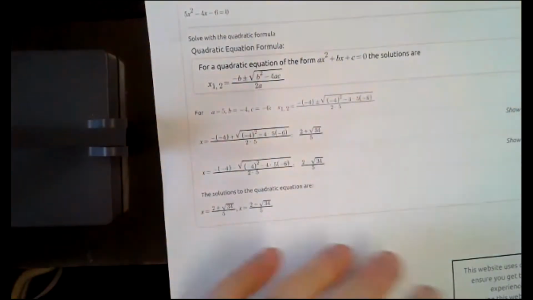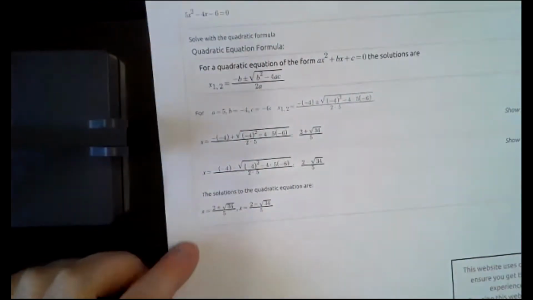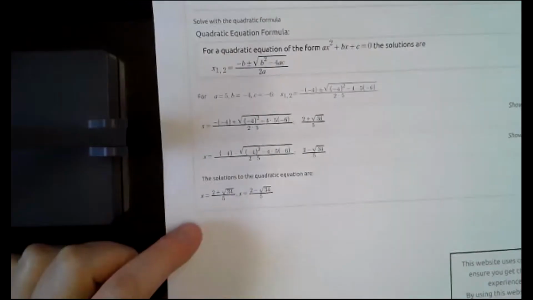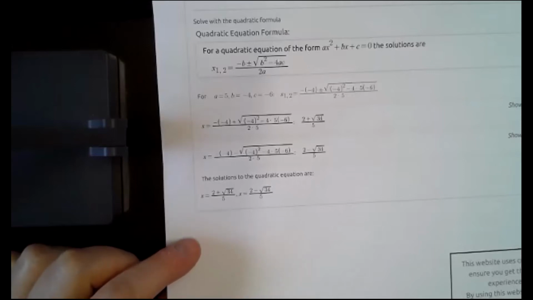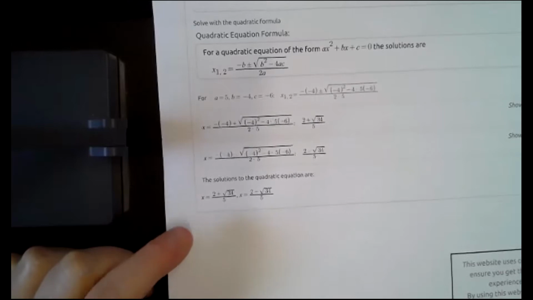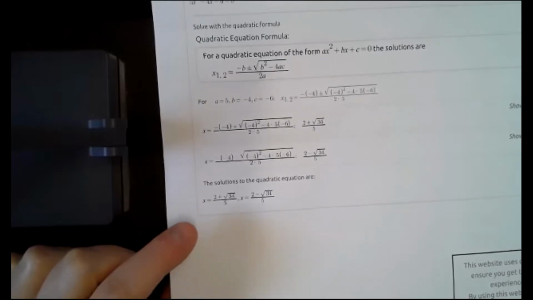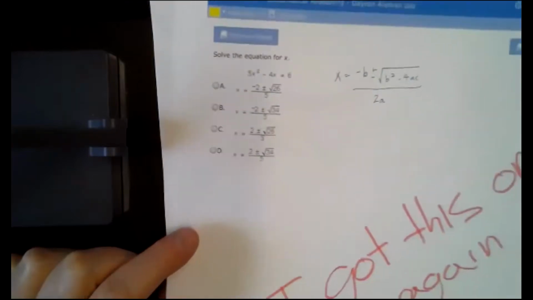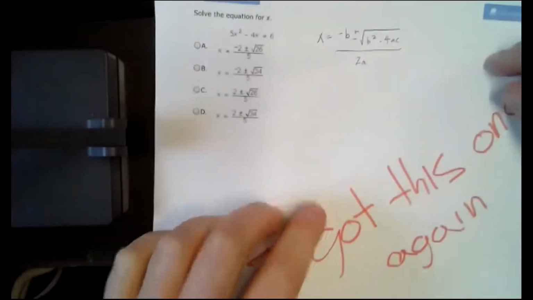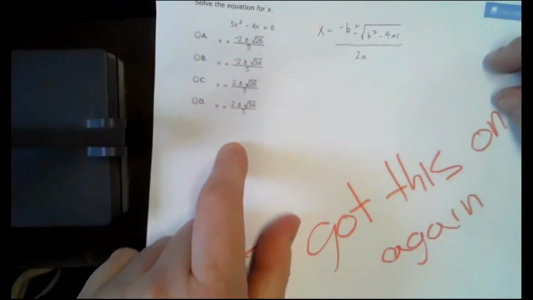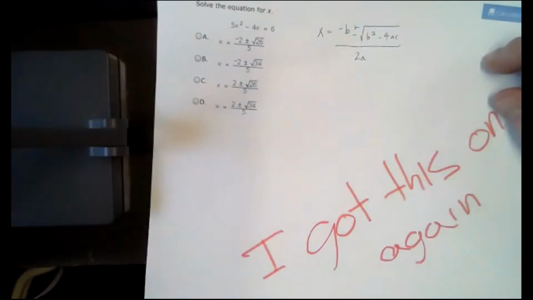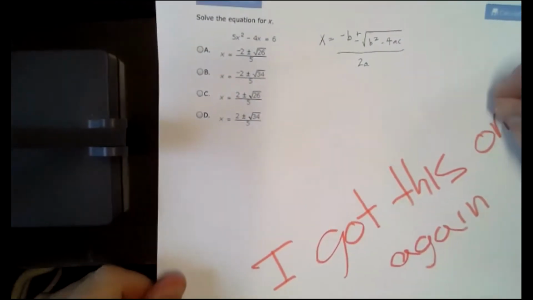Because the thing I sent you has all the steps. It's a lot of calculating, a lot of keeping things in order. And unless you are going to take an algebra class, this really should not be on the test. But it is, and that's what it'll look like. You'll have the same pattern of answers. Just mark it, move on, because it's not worth your time.